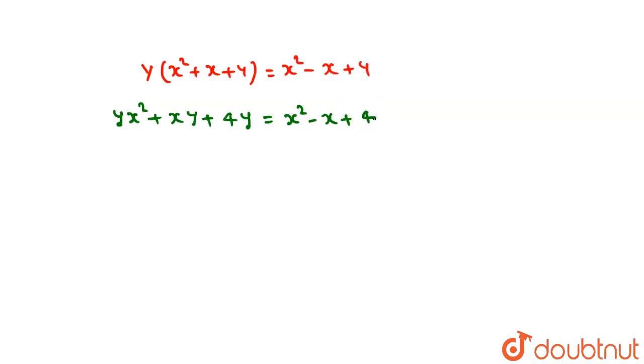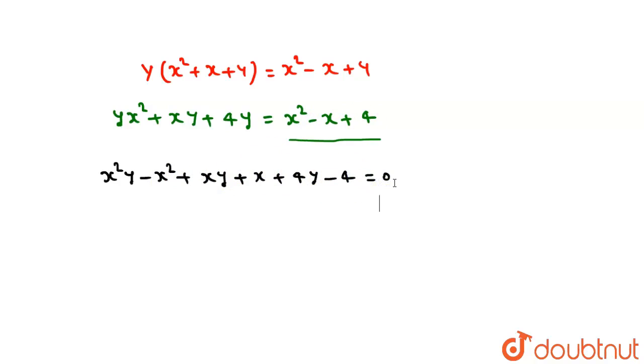Now in the next step we take all these terms to the left hand side, so we can write x square y minus x square plus xy plus x plus 4y minus 4 is equal to 0.